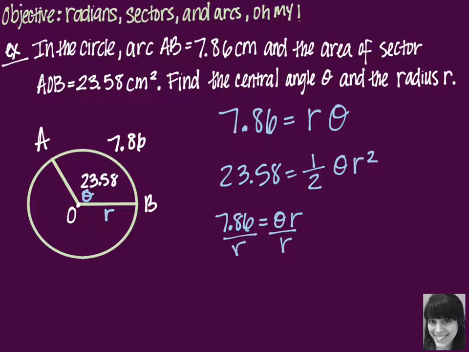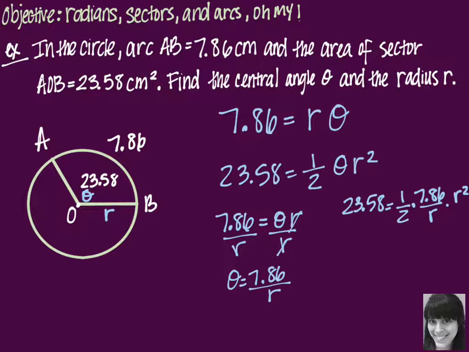Theta equals 7.86 divided by r. Substitute that into the second equation: 23.58 equals 1/2 times theta, which in this equation is 7.86 divided by r, times r squared.